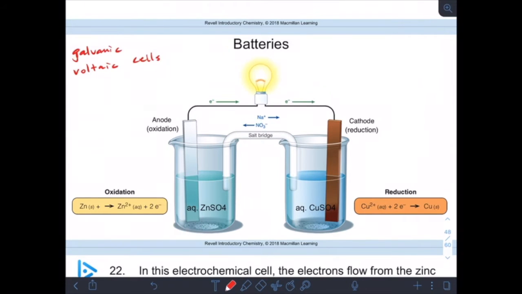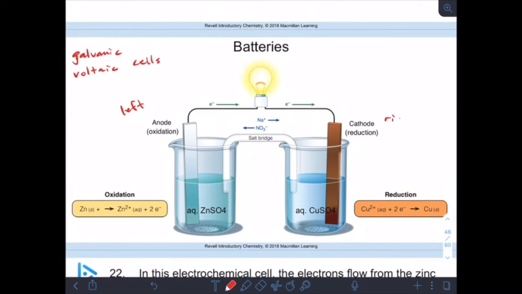And by convention, we always put the anode on the left and the cathode on the right. And anode is always the oxidation side and cathode is always the reduction side.